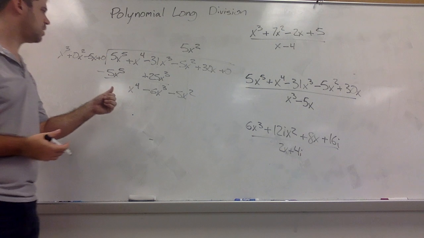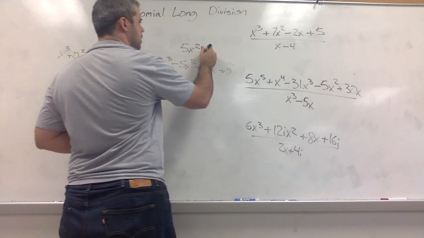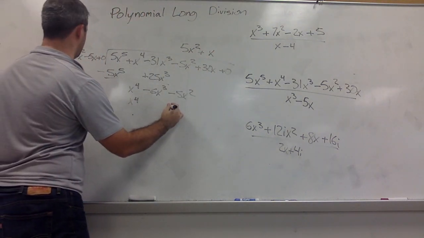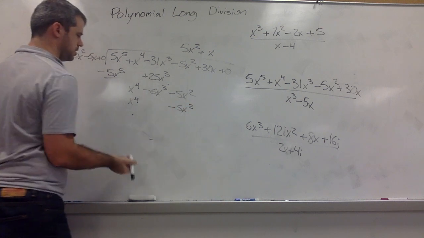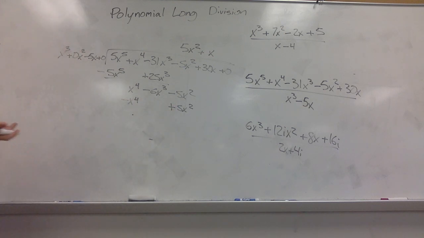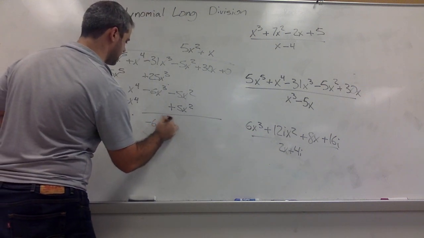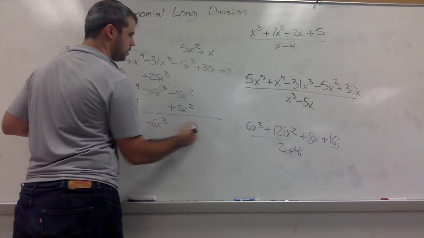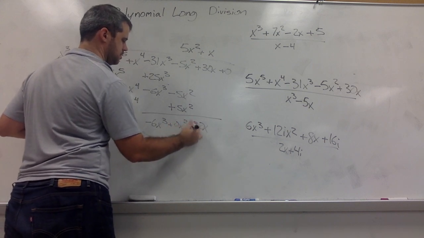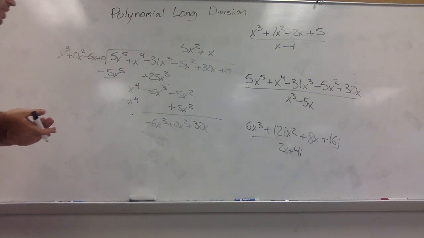All right, so now I need an x to the fourth. And I have an x to the third. Well, how do I do that? With x. So x to the fourth minus 5x squared. I'm going to be subtracting, so both of those swap. So we get negative 6x to the third, and then 0, and then 30x. Again, you don't need this, but I'm just keeping track that there's a gap there.